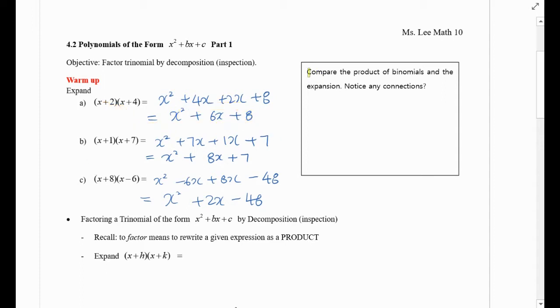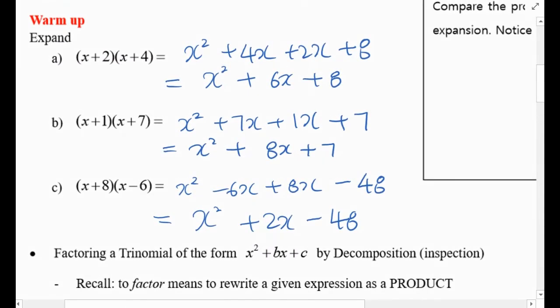Okay, so let's compare the product of binomials. So this is a product of binomials and the expansion. Any connection you notice? So I want you to look at positive 6 and positive 8, and positive 2 and positive 4. Do you see any connection between 2, 4, and 6? What's the connection?